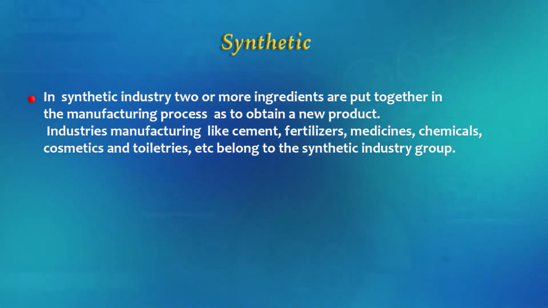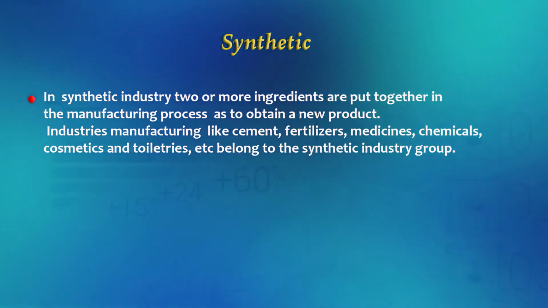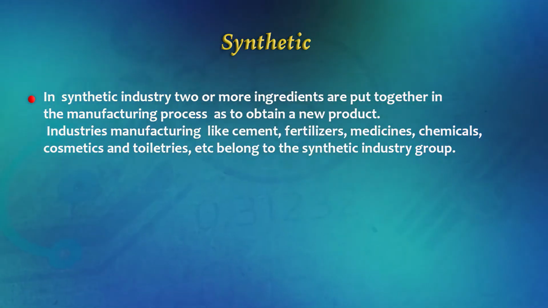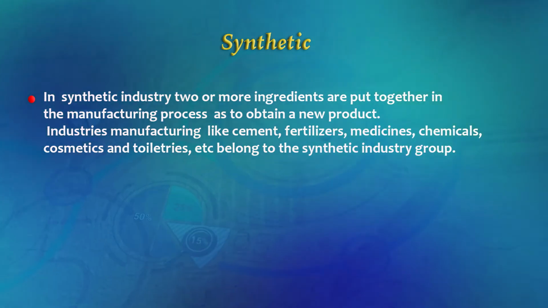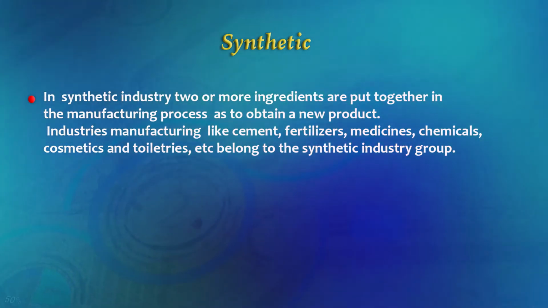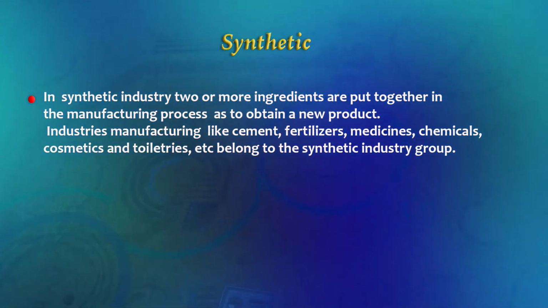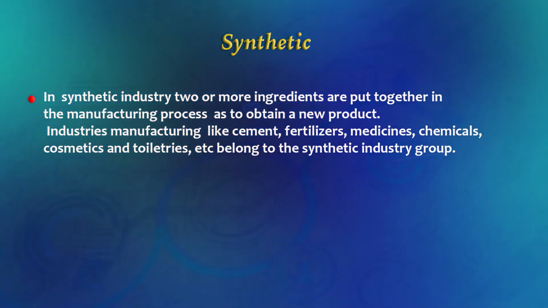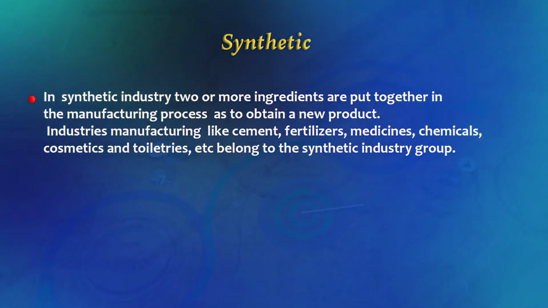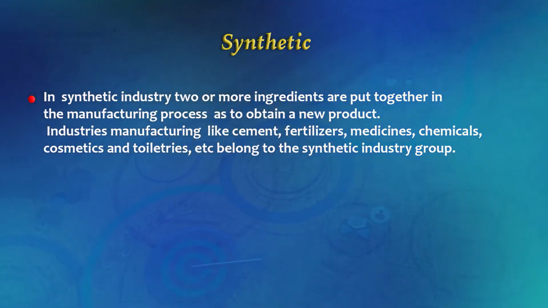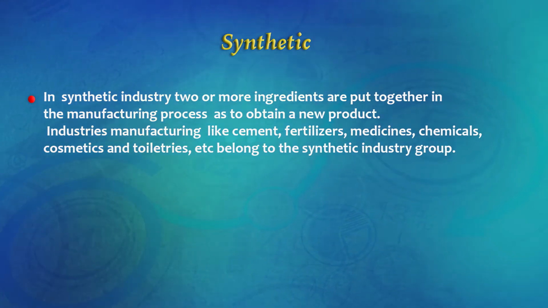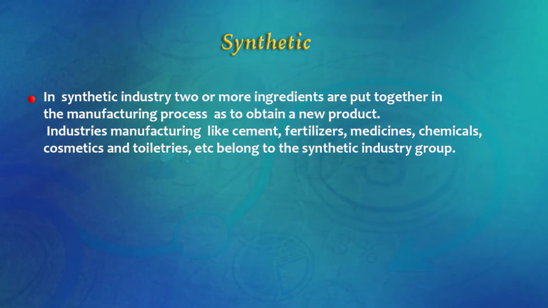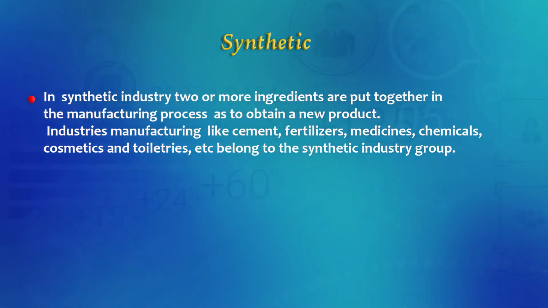Then synthetic. In synthetic industry, two or more ingredients are put together in the manufacturing process so as to obtain a new product. Industries manufacturing cement, fertilizer, medicines, chemicals, cosmetics and toiletries, etc. belong to the synthetic industry group.